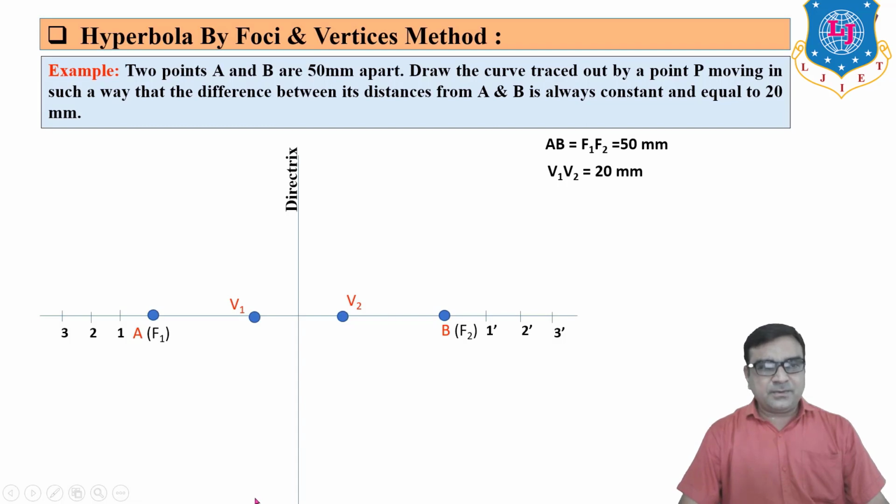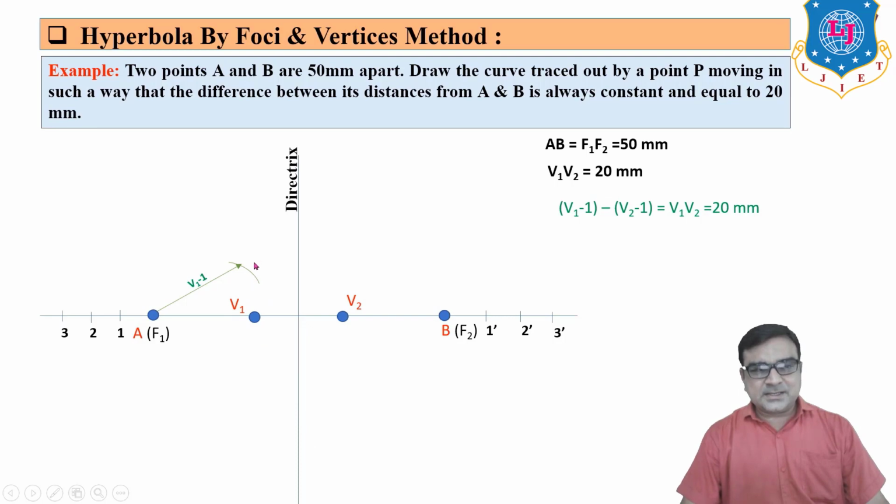Now to obtain the points of the hyperbola, according to the definition of hyperbola, for a point of the hyperbola the difference between its distances from focus F1 and focus F2 always remains 20 mm. So first of all, take a compass and set center F1, radius V1 to 1, and draw an arc.